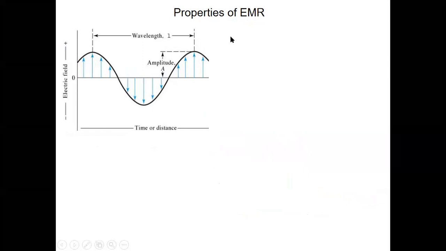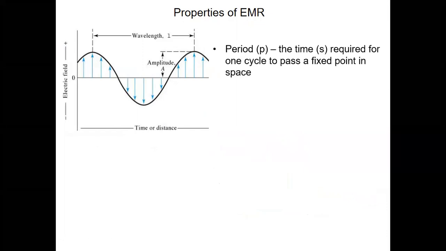Now let's see the properties of this electromagnetic radiation. Same as a wave, it has a period. The period means the time in seconds required for one cycle to pass a fixed point in space. Period, you know, like an hour or something, right?